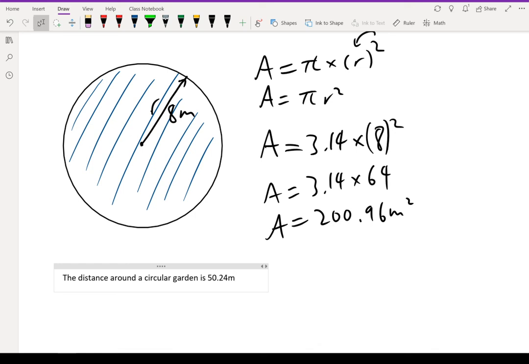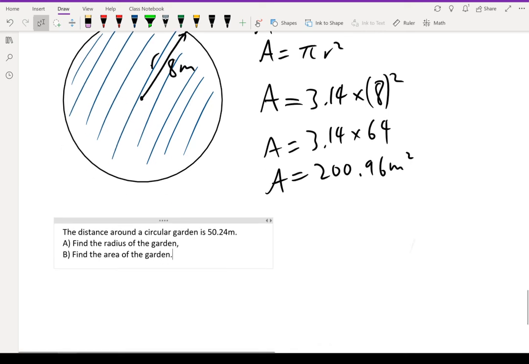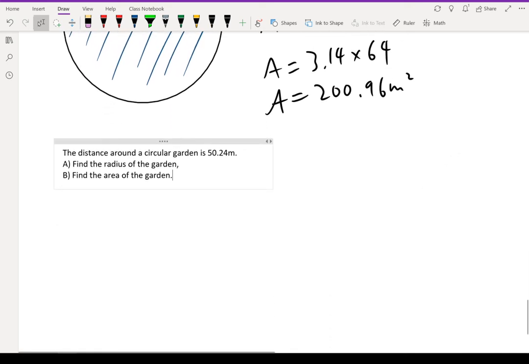And then the question asks you in part A, find the radius of the garden. And then part B, find the area of the garden. So from the distance around the circular garden, we have to find both the radius and the area.